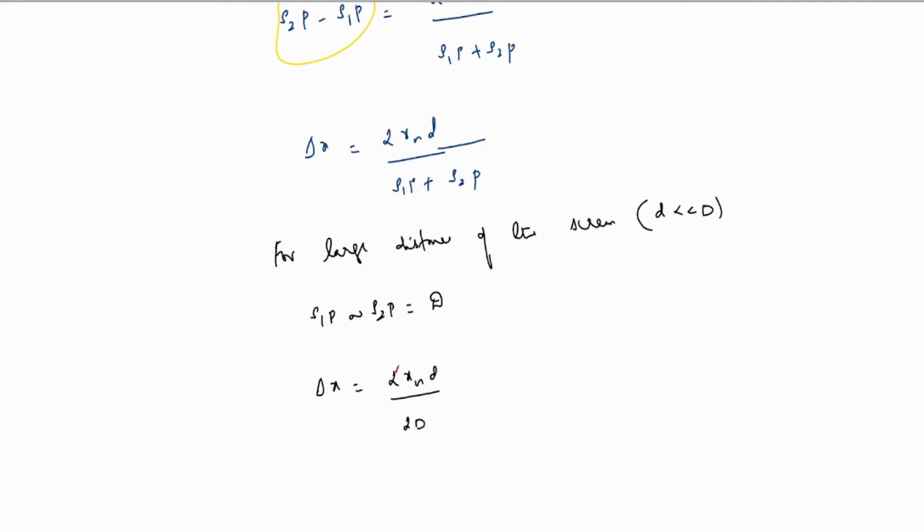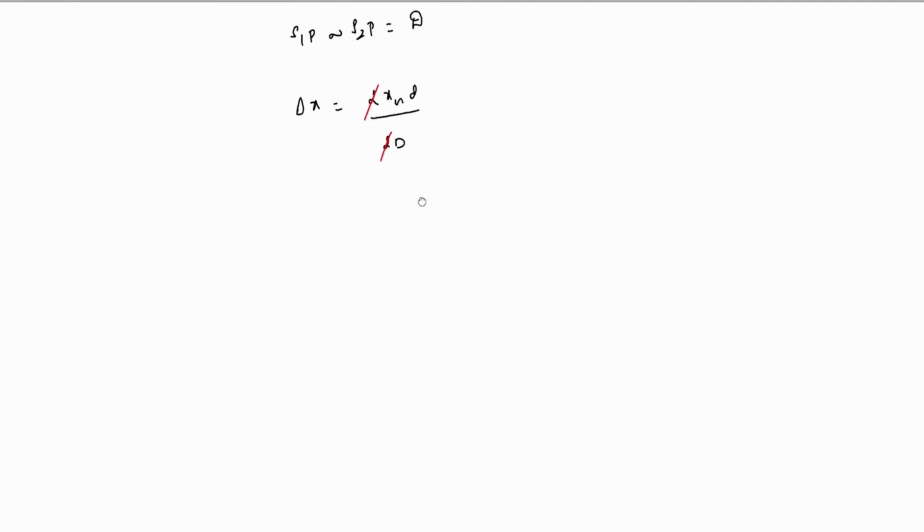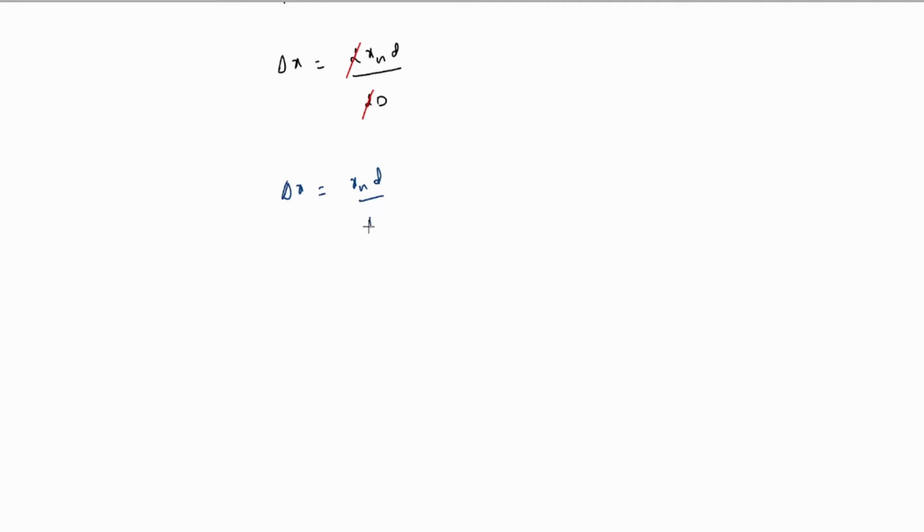From here, 2 gets cancelled. Finally, the path difference is equal to xn d by capital D. This is the path difference.